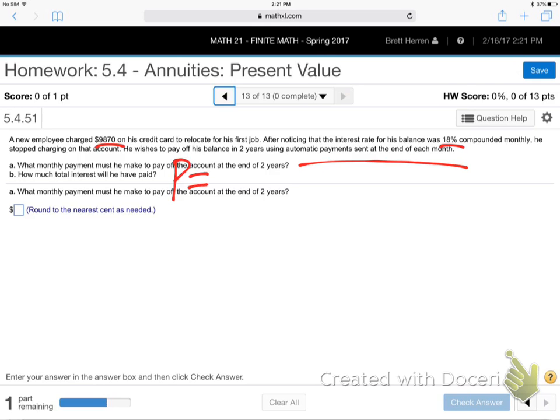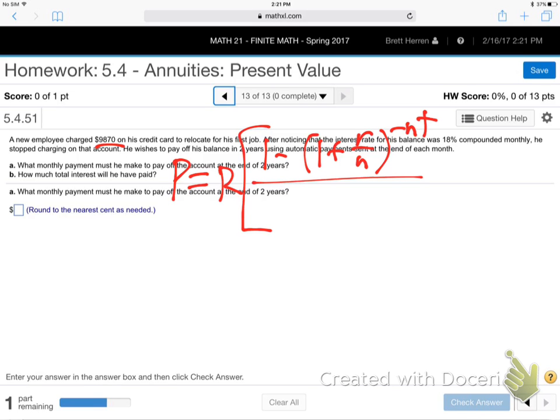So it's present value, R, same formula we've been using, which I still don't have memorized, 1 plus R over N to the minus NT over R over N. Okay. So, and they're saying, all right, here we go. We're going to plug in the stuff. What monthly payment?